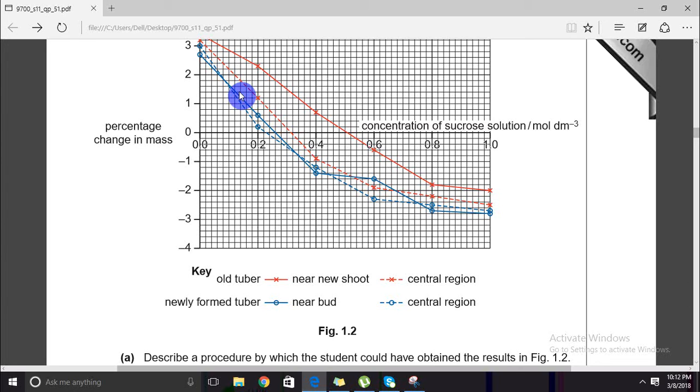We'll have to be really gentle about it so that we don't harm the tissue, and then we'll have to measure the mass again, right? And then we'll have to take the difference in the masses over the original mass and multiply by 100 to get the percentage change in mass.